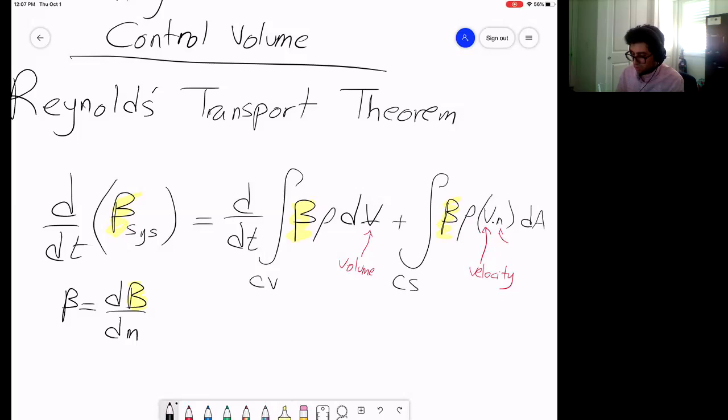So what are the parameters we can choose? Mass, energy. Yes, B can be mass. It can be energy. And what else is conserved, right? Conservation of mass, conservation of energy, and what else?